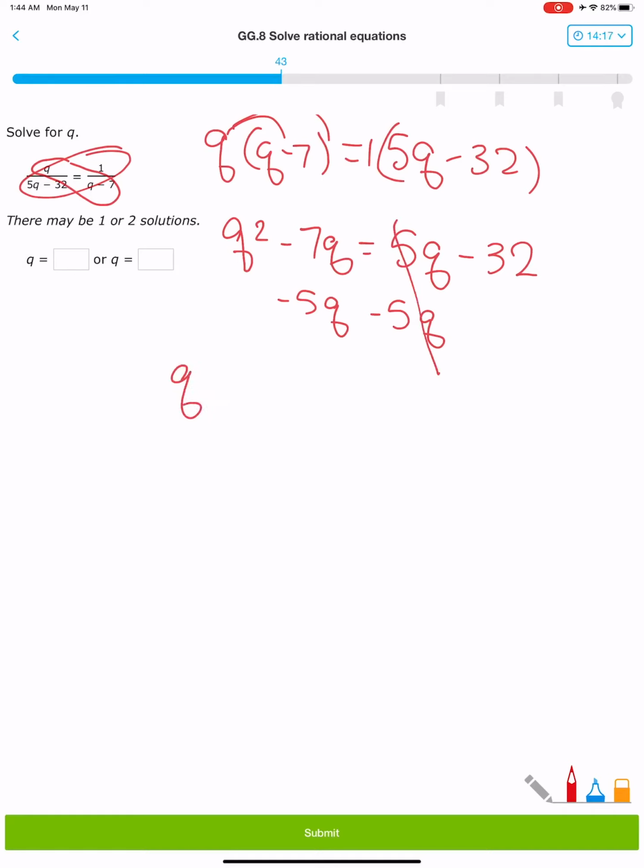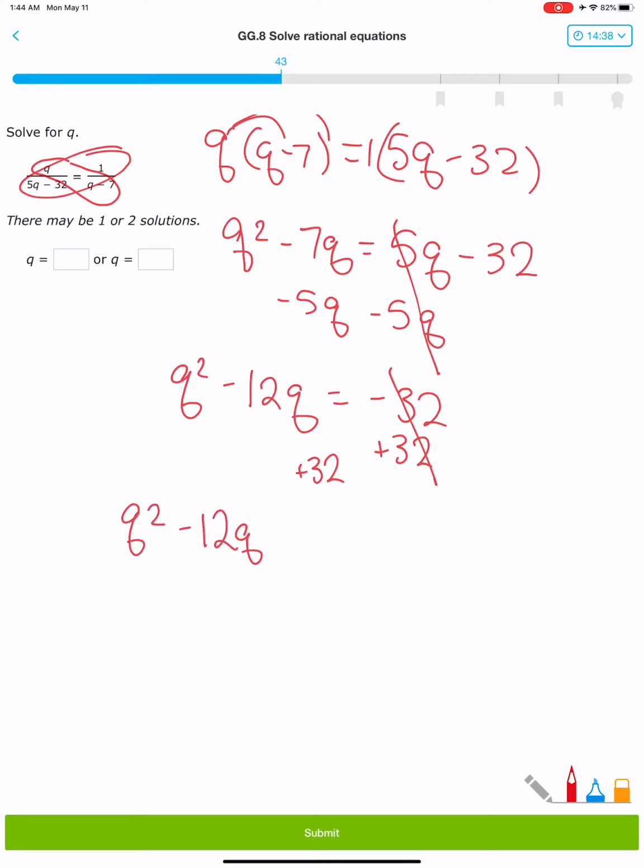We get q squared minus 12q equals negative 32. Then I'm going to add 32 on both sides. Great. And then we got q squared minus 12q plus 32 equals 0.